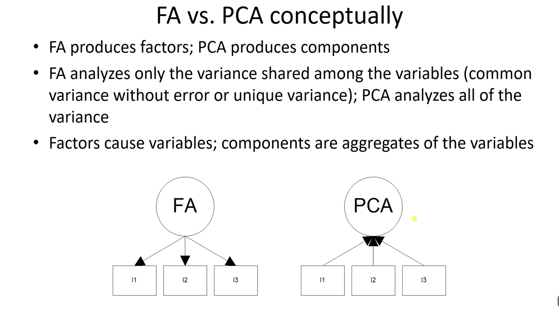So we compute the multiple correlation of all the variables, taking one variable as dependent and all other variables as independent or predictors, and then we square that multiple correlation and we take it as the estimate of the commonality or the common variance.